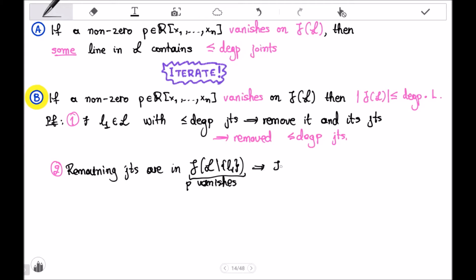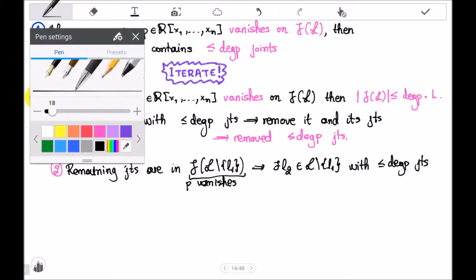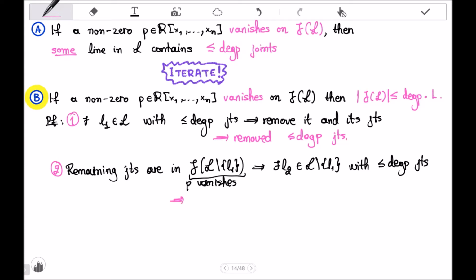So there exists a line L2 in this family, in the remaining family after we exclude L1, with a few joints in it, at most the degree of P joints. What we do is we simply remove it again together with its joints. So remove the line and its joints from the picture.